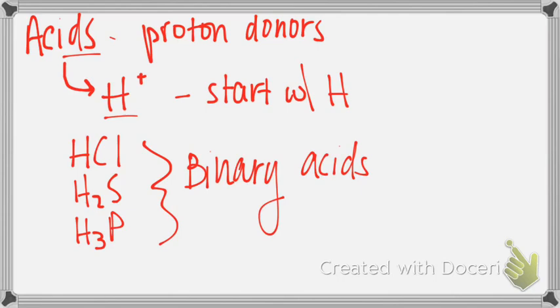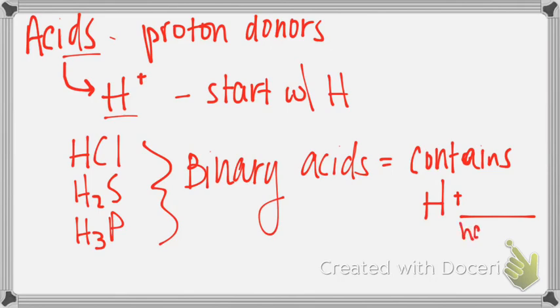What does one of the elements have to be? Hydrogen, and then another one. So a binary acid contains hydrogen plus something else. Would it be a nonmetal? Usually a nonmetal. Most of the time it's going to be a halogen, but really it can be any anion.